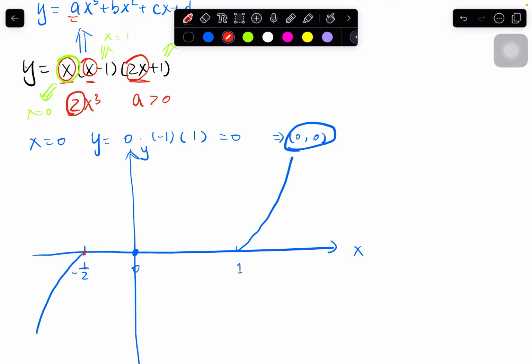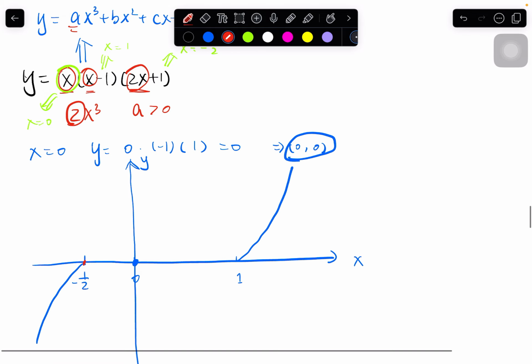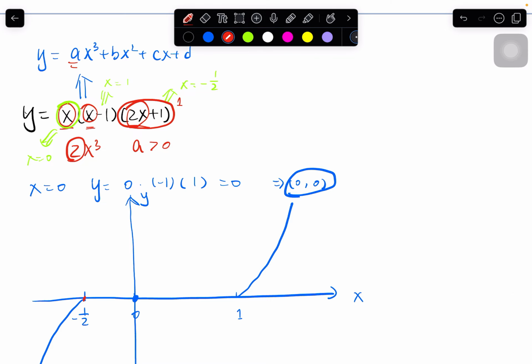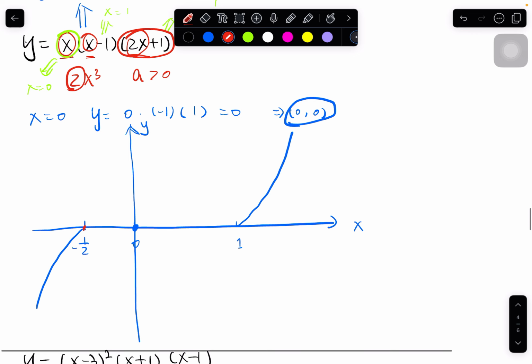So here the root is, let's say the interception is x equals minus a half. For minus a half, which term contributes to this interception? It's this term, right? And the k value of this one is 1. So 1 is an odd number, so we're going to pass through.